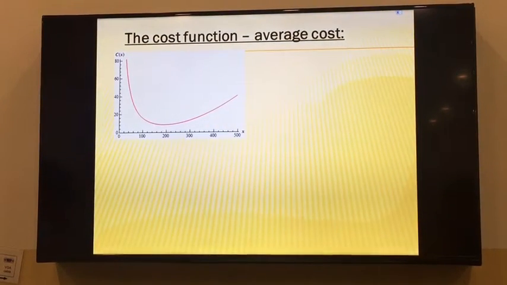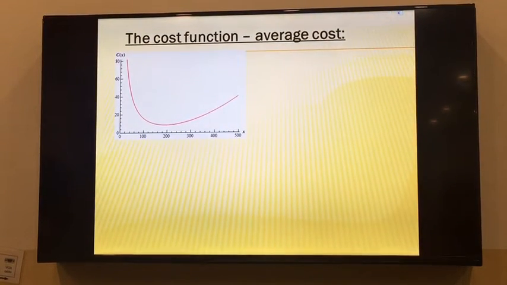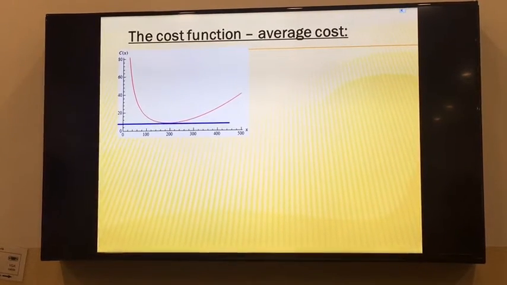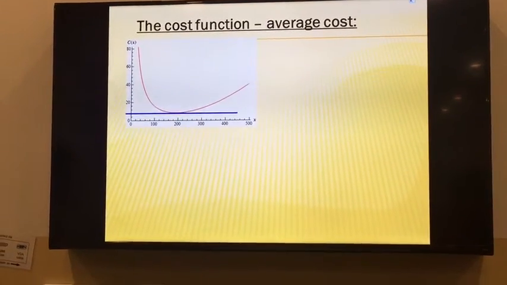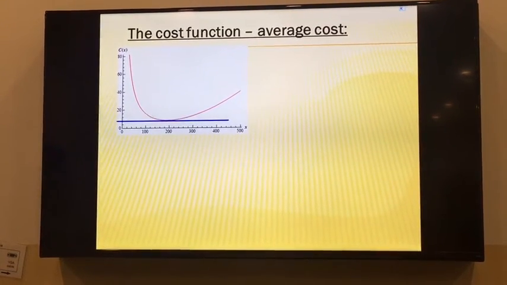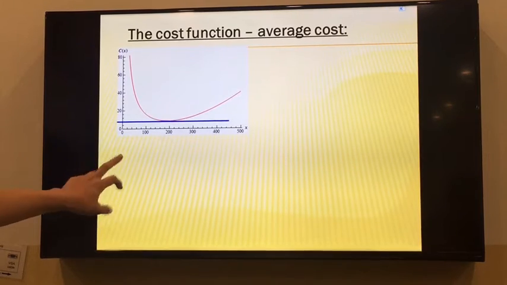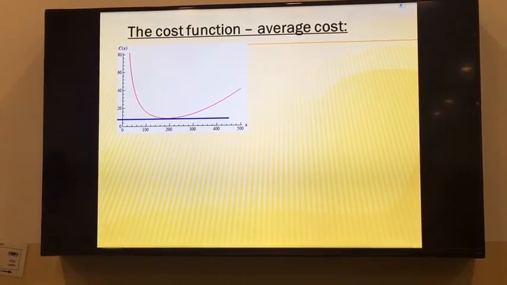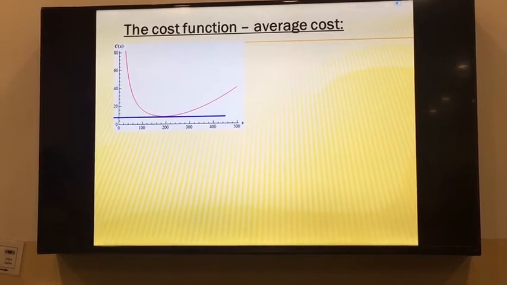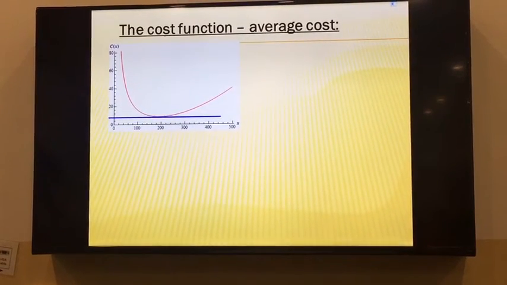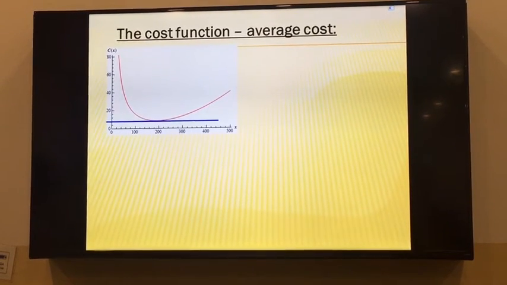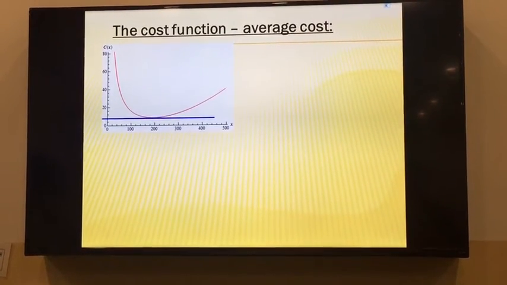Here is a graph which shows the average cost function of the above example, and you can see that the average cost function has a minimum value. This minimum value will occur as a critical point when the derivative of the average cost equals 0, because it is created by a horizontal tangent line.